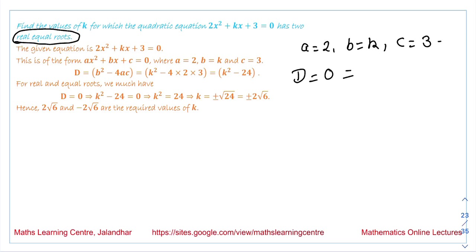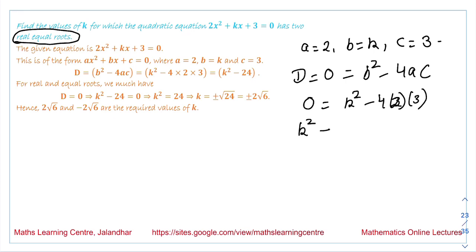And the value of the discriminant in this case is b square minus 4ac. So 0 is equal to k square minus 4ac. So it is k square minus 24 equal to 0. So what we get is k is equal to plus minus root 24.